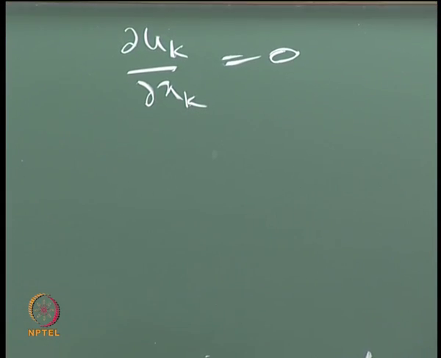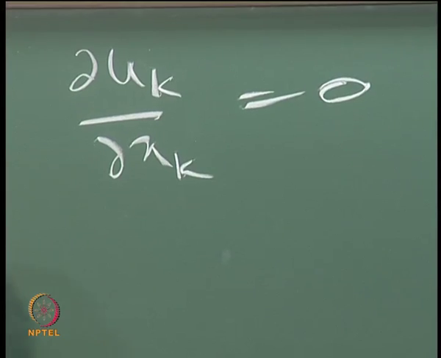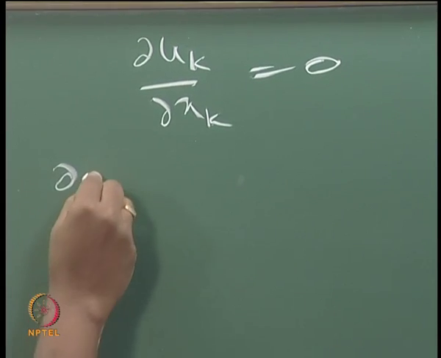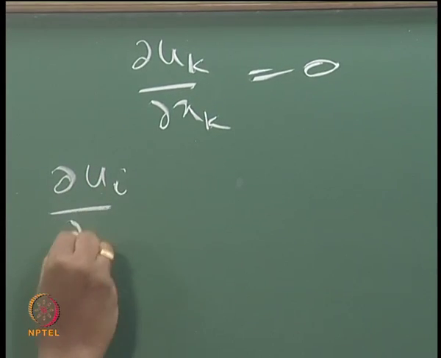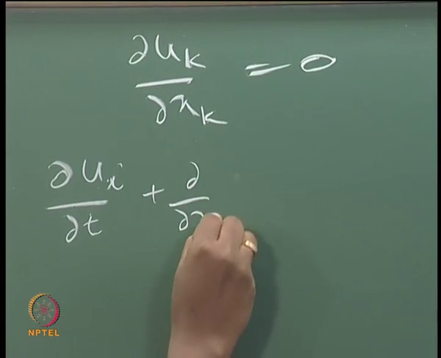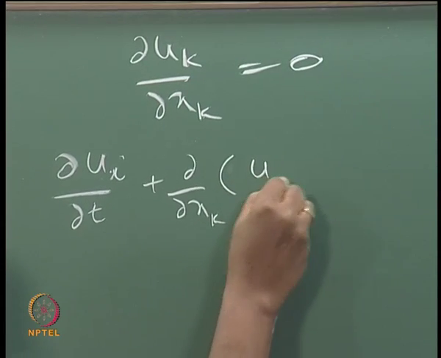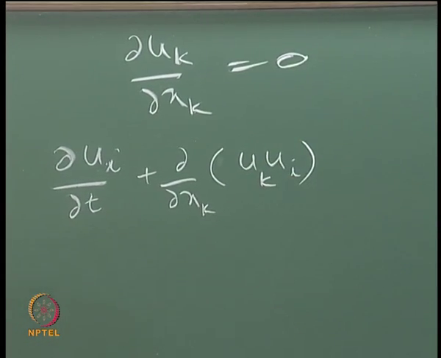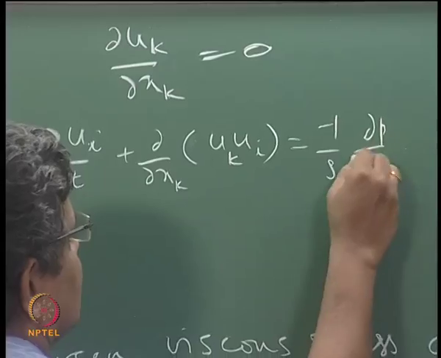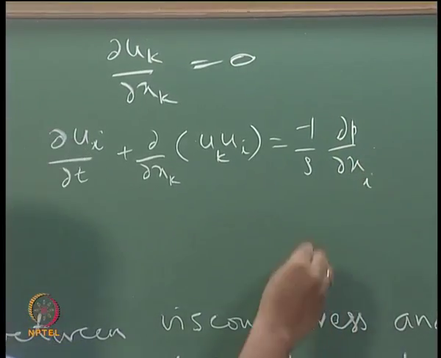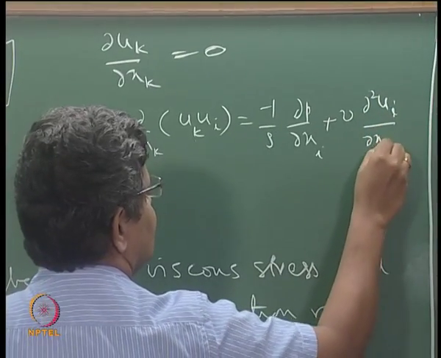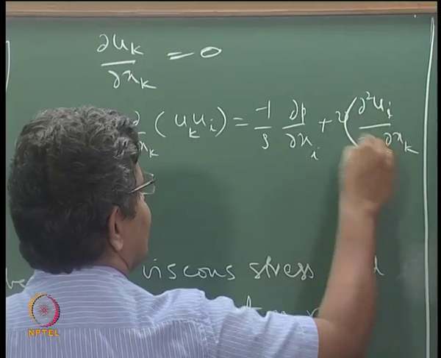So, from that we get back this equation, and we can also write the ith momentum balance equation as dou ui by dou t plus dou by dou xk of uk ui equal to minus 1 by rho dou p by dou xi plus nu dou square ui by dou xk dou xk.